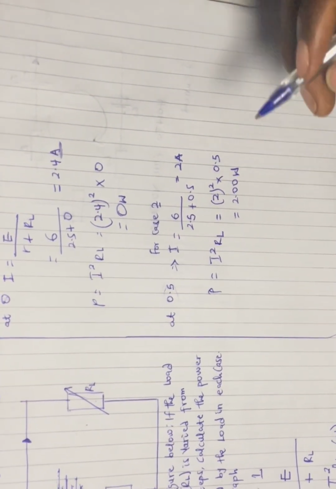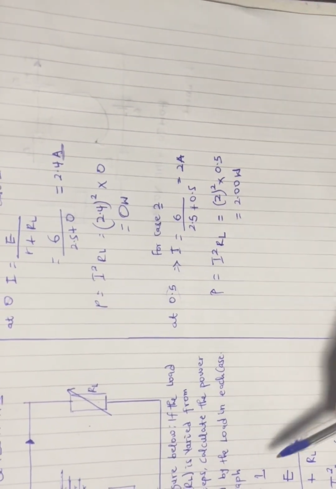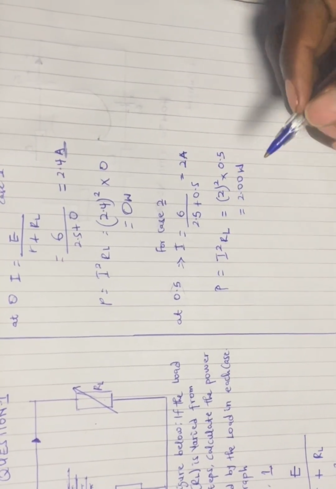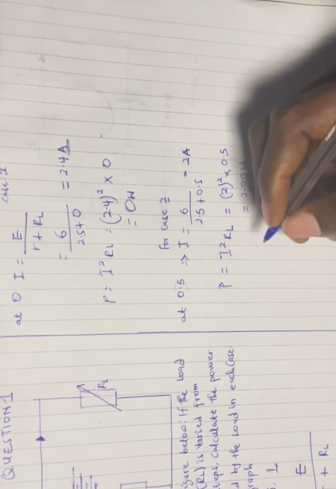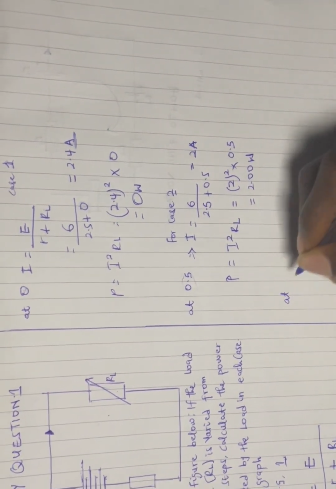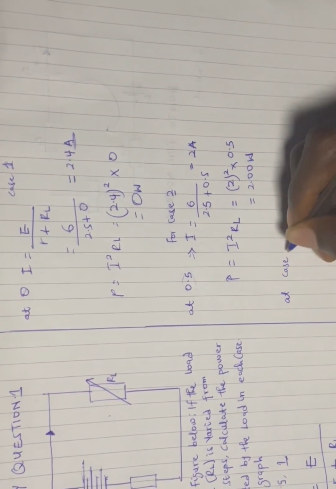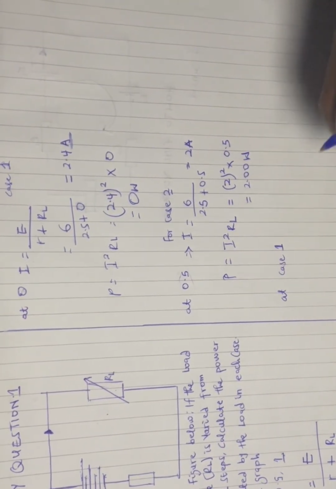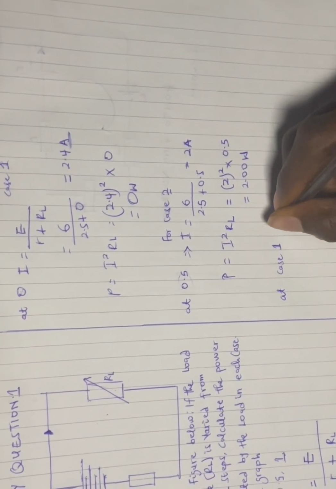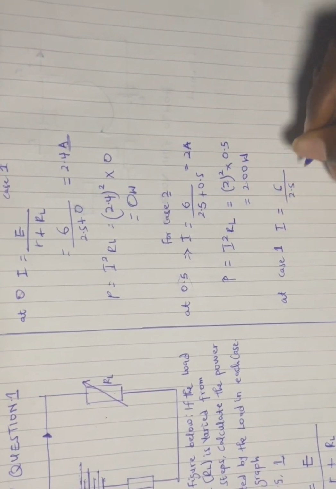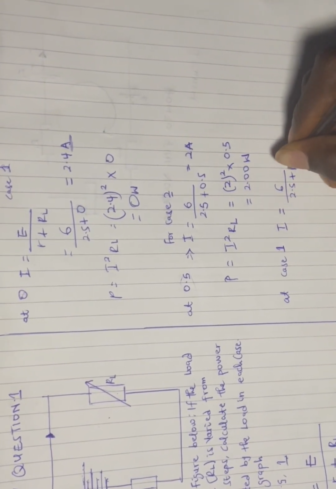From here you can pause the video and try to solve the last case. At case 3, I is equal to 6 over 2.5 plus 1.